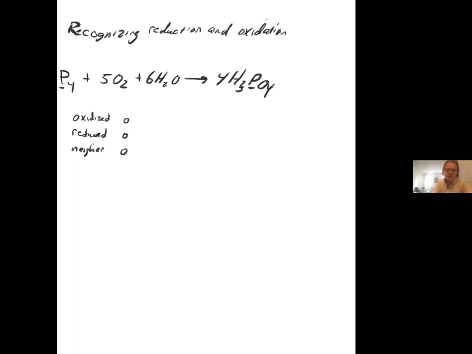So again, in chemical reactions, we have acid-base. Acid-base reactions do not necessarily have any changes in oxidation. They're not redox reactions, they're acid-base. Same with precipitation. A precipitation reaction is not necessarily a redox reaction. So to determine whether something is a redox reaction, you have to figure out whether the oxidation state changes.